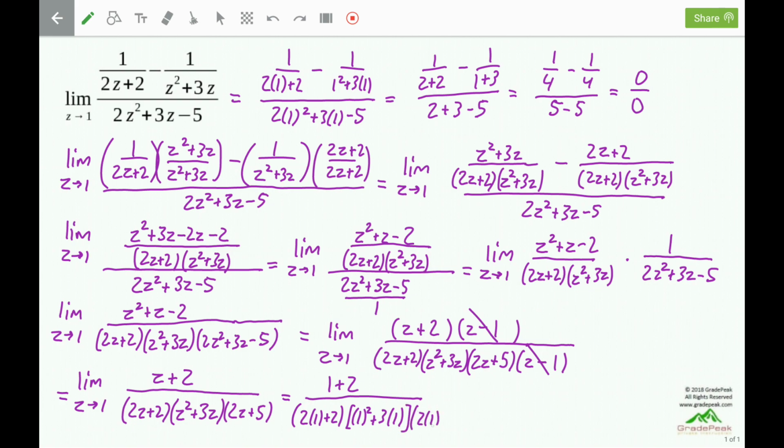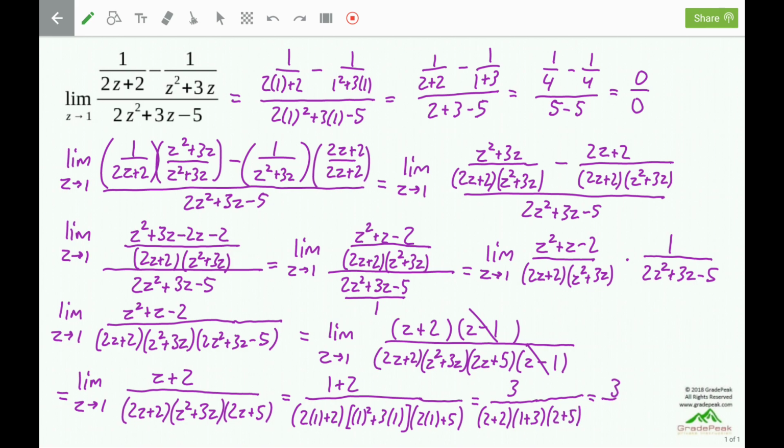And then we have a 2 times 1 plus 5. In the numerator, we're going to have 1 plus 2, which is just a 3. In the denominator, 2 times 1 is 2, plus a 2, times the quantity of 1 squared, which is a 1, plus 3 times 1, which is a 3. And then times 2 times 1, which is a 2, plus a 5.